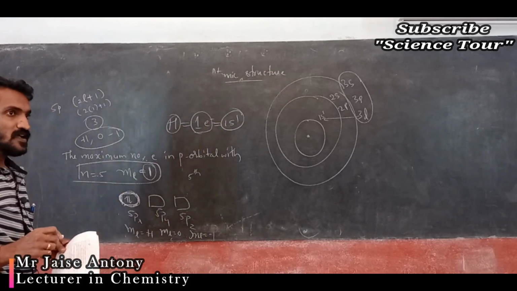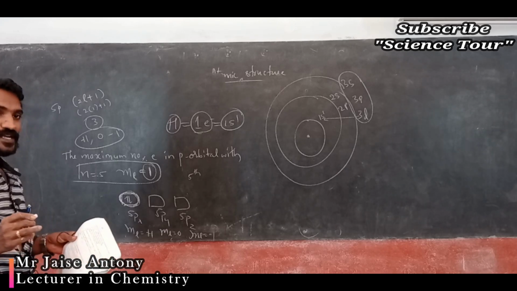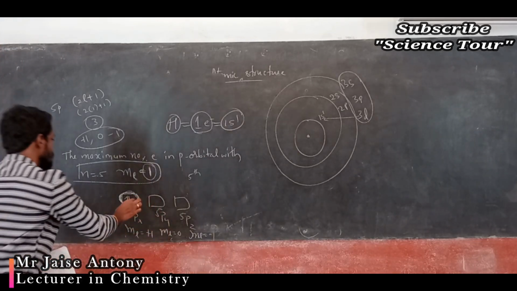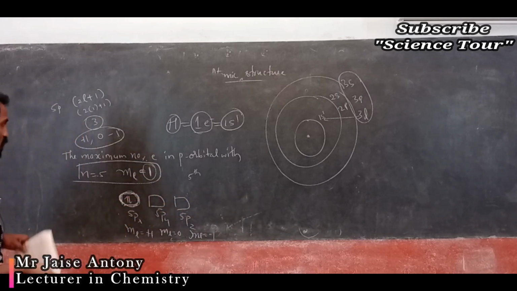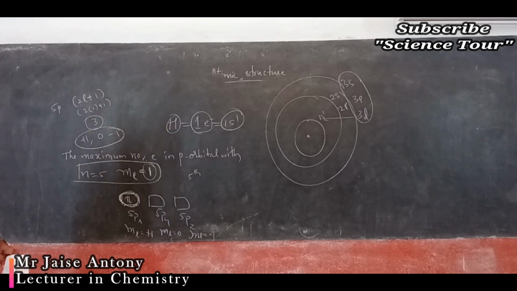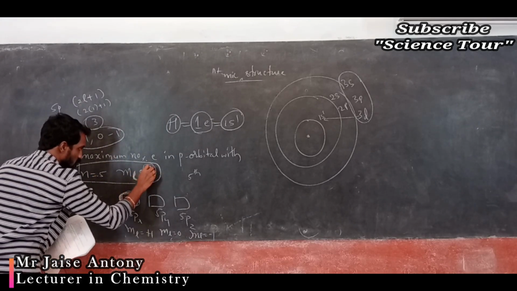If it is a 5p orbital, immediately you think 5px, 5py, 5pz, 3 orbitals, and 3 orbitals contain 6 electrons. Option A is given as 6, but this is wrong, because they mentioned in the question ml is equal to 1.